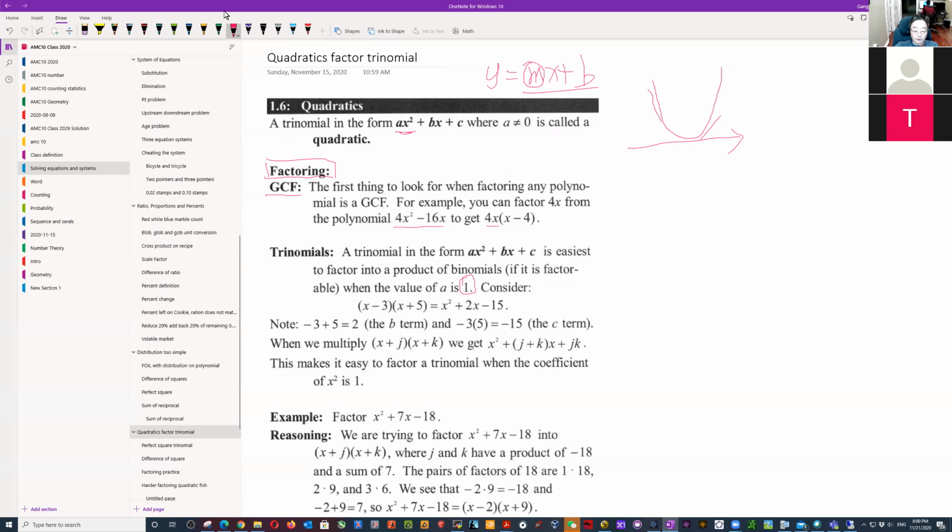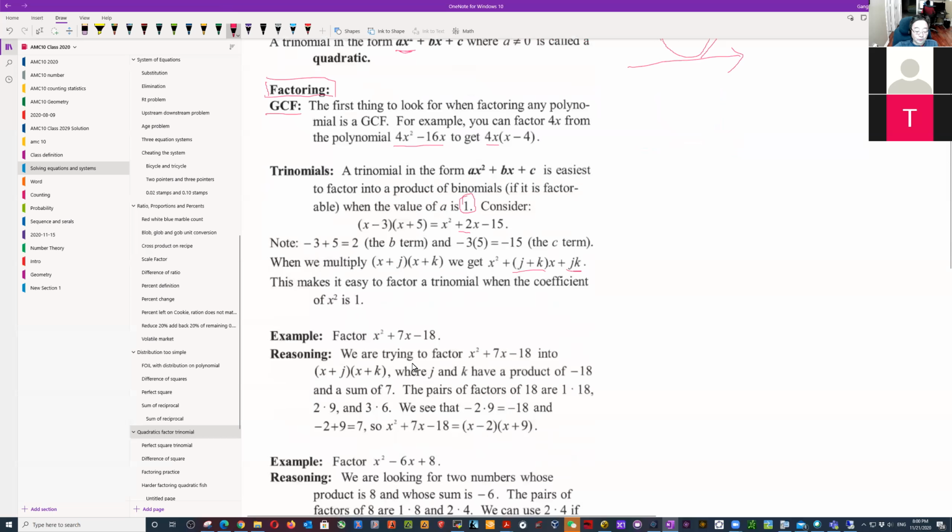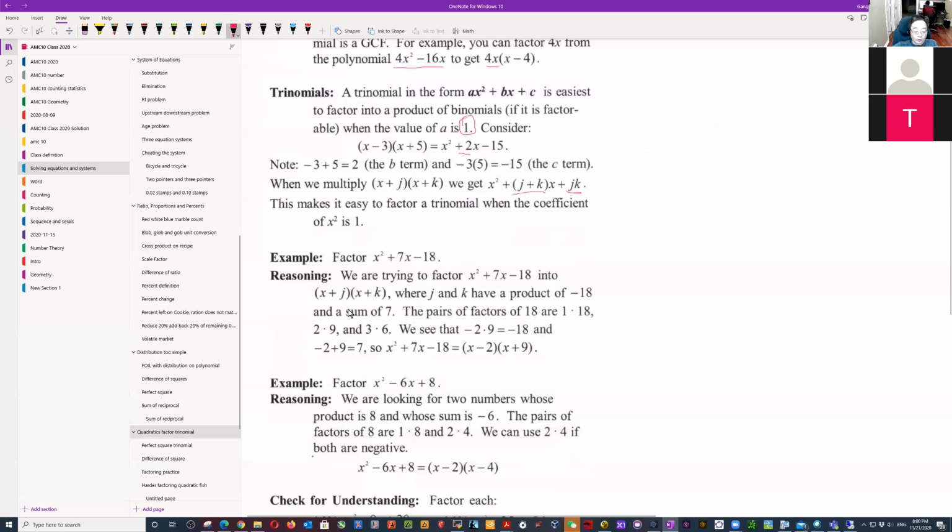The key to factor it is that the constant is the product of J and K, and the linear term is the sum of J and K. If you are able to achieve that, you're able to factor it. Let's try to quickly factor this one. For example, I can factor that 2 multiply 9 equals 18.